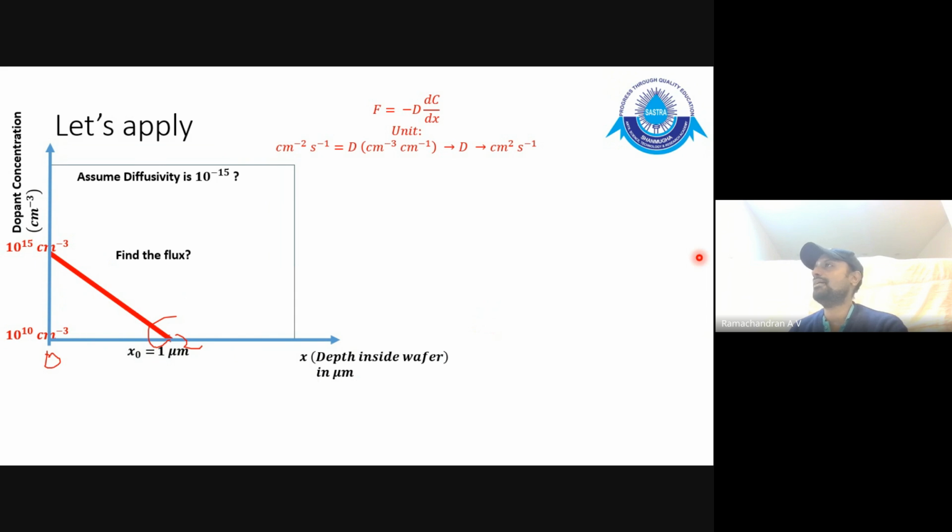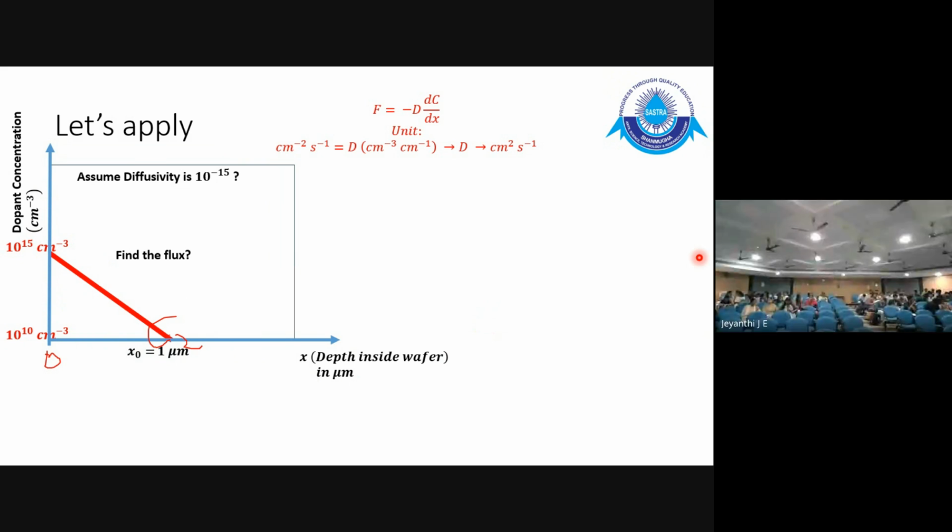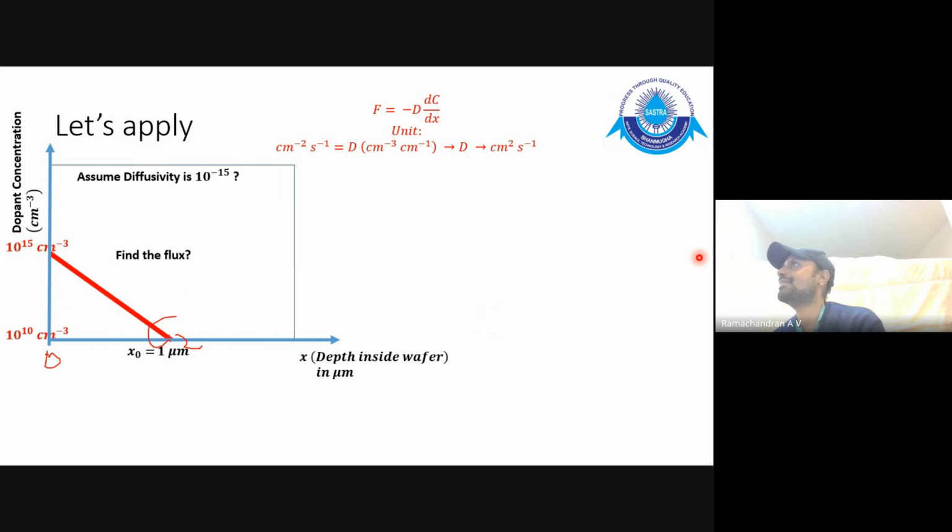Guys, please respond. See, is my question clear or not clear? 10 power 10 minus 10 power 15. What is the answer?